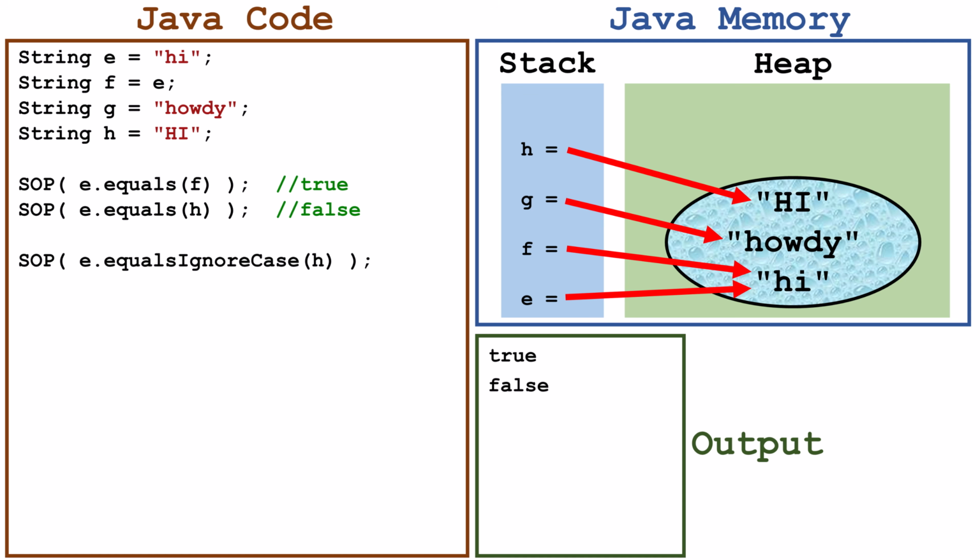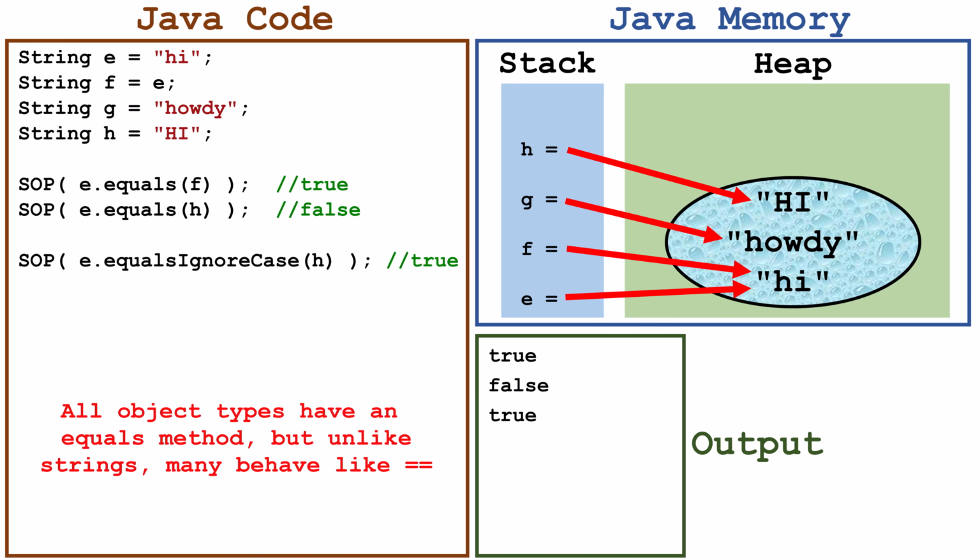Finally, we use the equals ignore case method to compare E and H. Ignoring the capitalization, E and H point at objects with the same value, so the equals ignore case method returns true. It's important to know that even though all object types have an equals method, many objects' equals method only checks referential equality, so their equals method behaves like double equals.